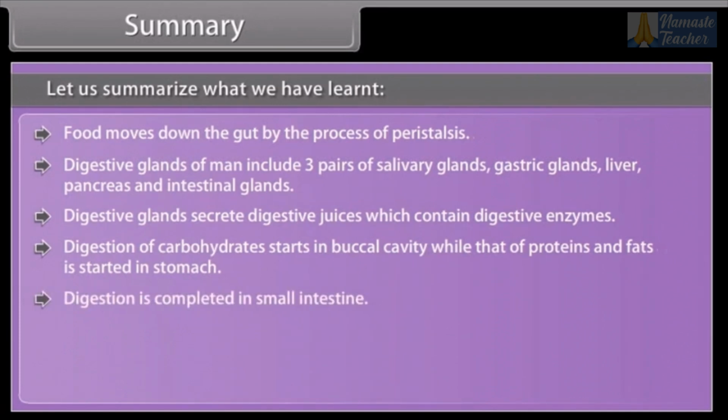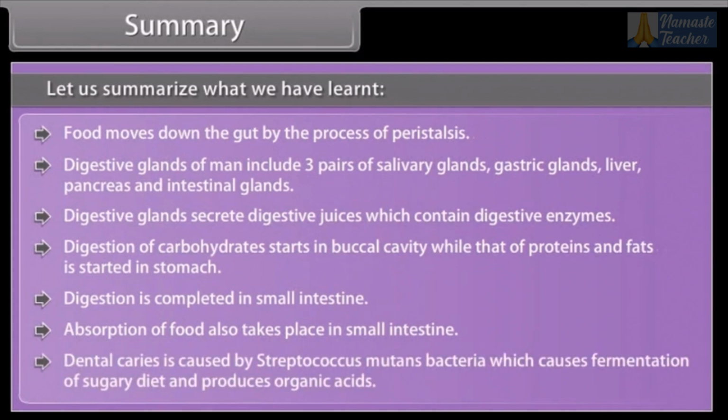Digestion is completed in small intestine. Absorption of food also takes place in small intestine. Dental caries is caused by Streptococcus mutans bacteria, which causes fermentation of sugary diet and produces organic acids.